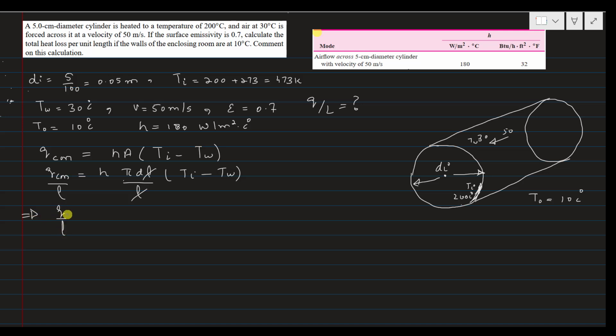I will write QC, meaning convection heat transfer per unit length. What is h? That is 180. What is pi? That is 3.14. What is D? That is 0.05. What is Ti? That is 200, minus TW, that is 30. After simplification on the calculator, you will get 4807 watts per meter.